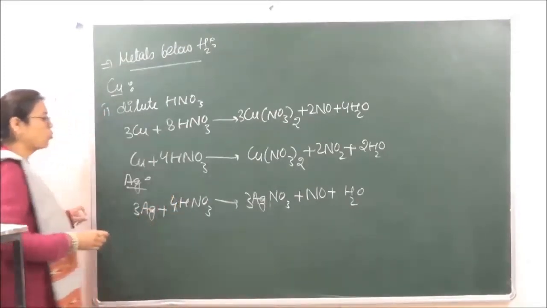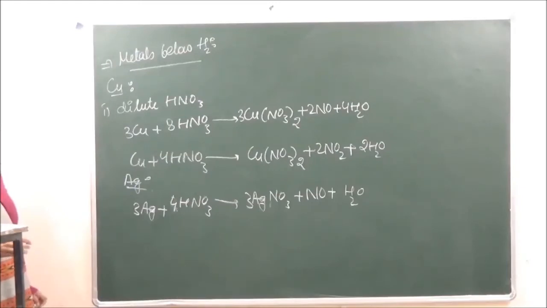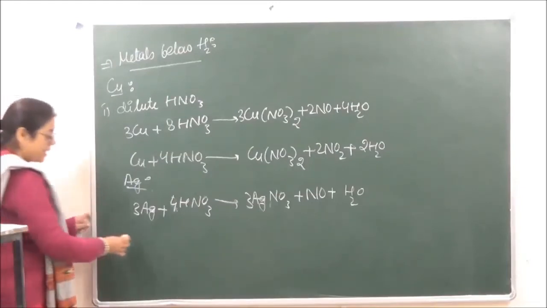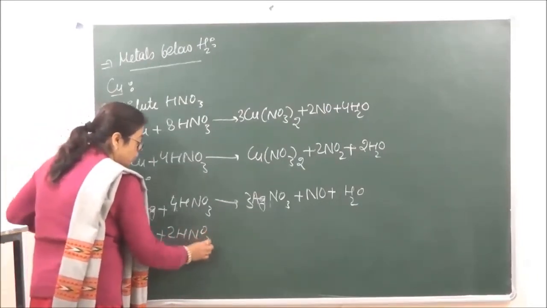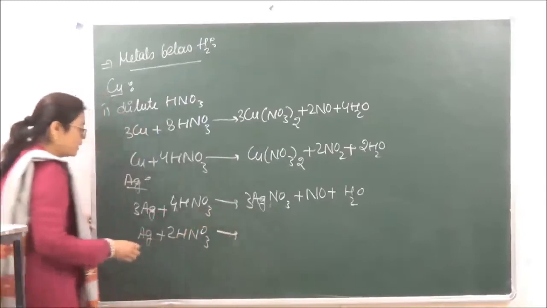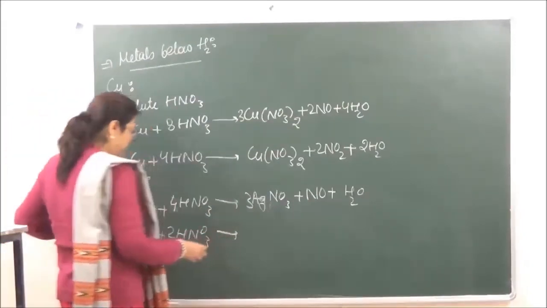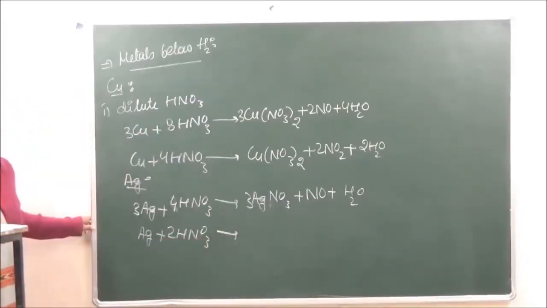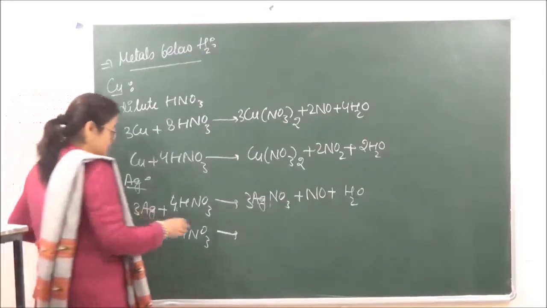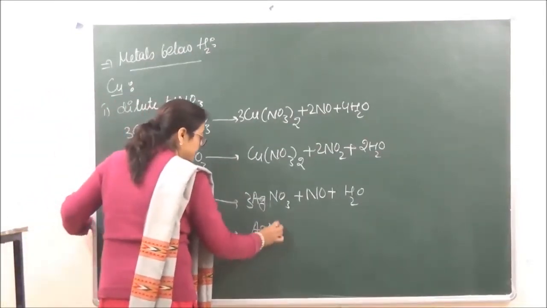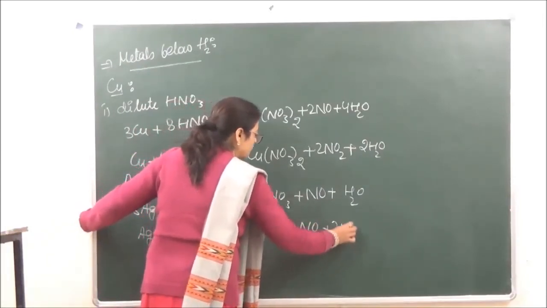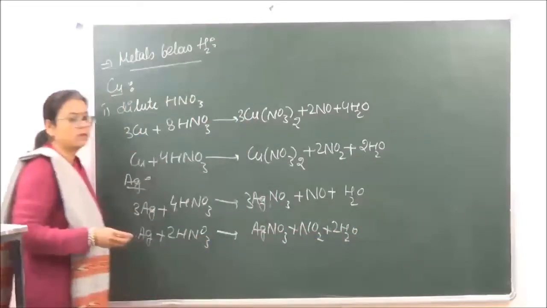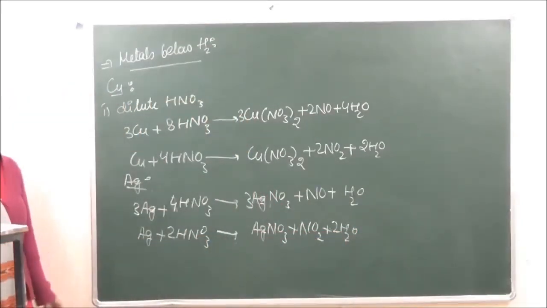We are going to get 4 over here, right? And if it is reacting with concentrated, we have Ag plus 2HNO3, which gives AgNO3 plus nitrogen dioxide and plus water.